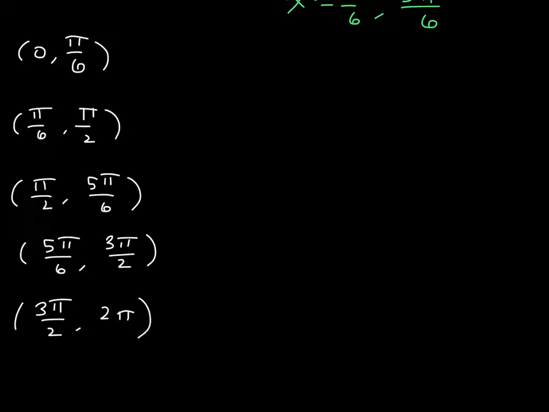All right, so here we go. Do you remember what f prime is? F prime of x is equal to cosine of x times 2 times sine of x minus 1.